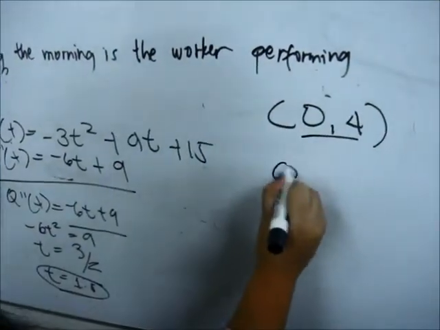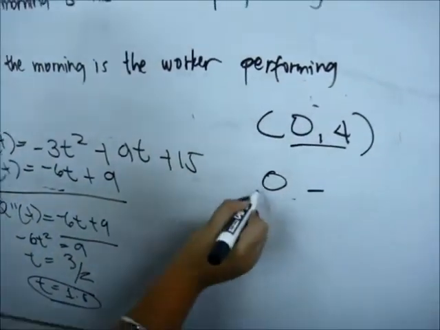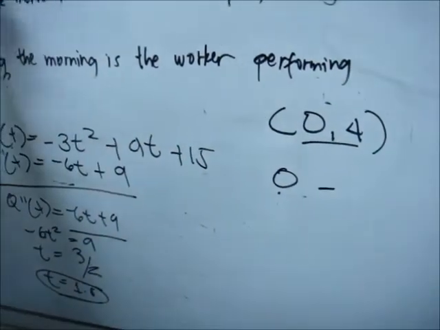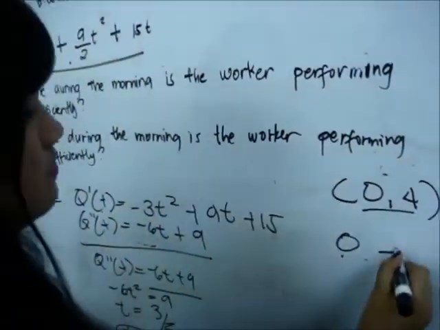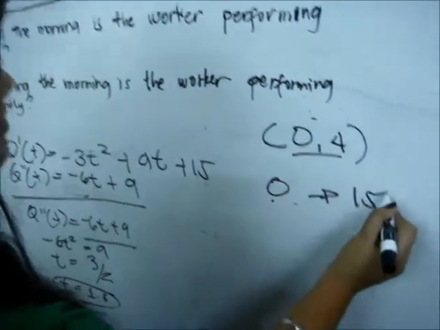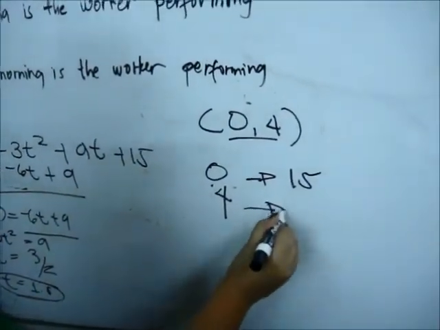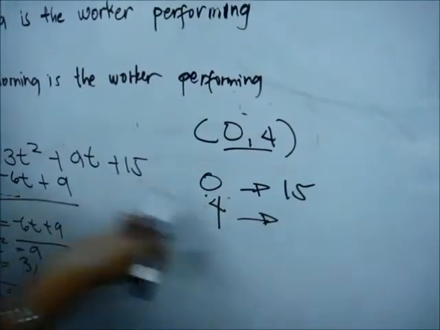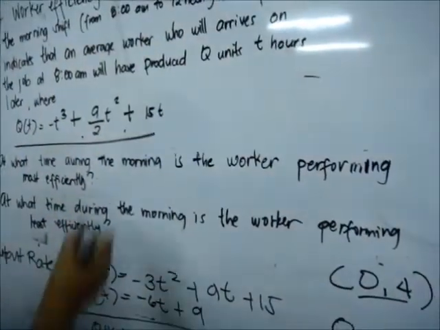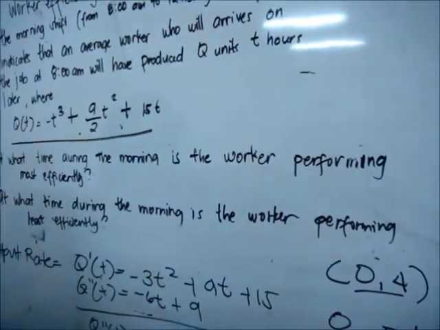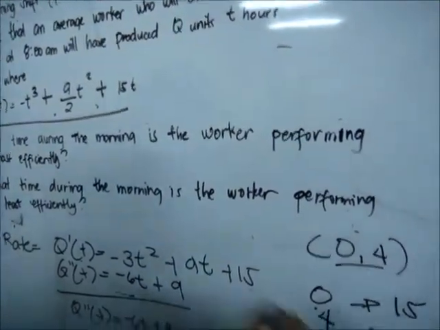For 0, just substitute 0 in the first equation, which will result in 15. For 4, substitute 4 to the equation, which results to 3.